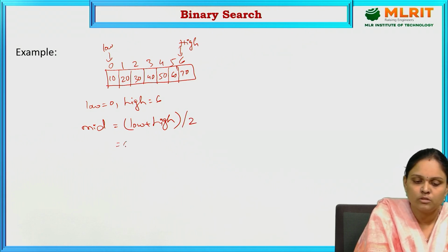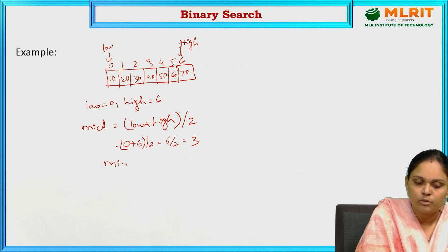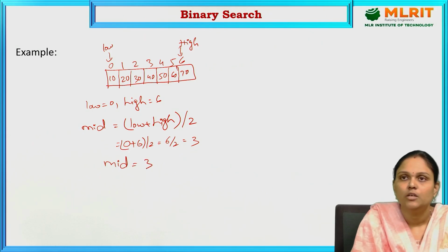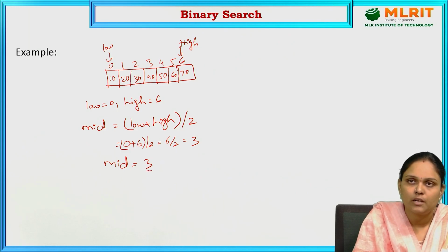So low 0 plus high 6, by 2. 6 by 2 will be equal to 3. So now the mid value is equal to 3. By using this mid index value, we get the middle element, so we can find it.